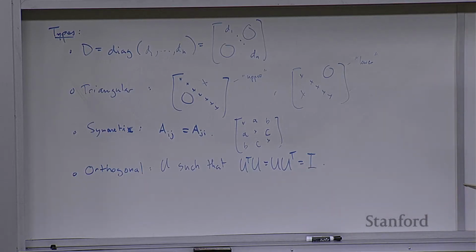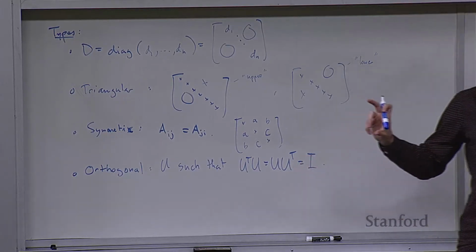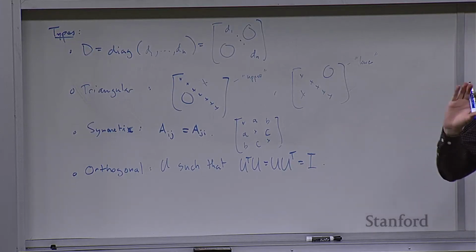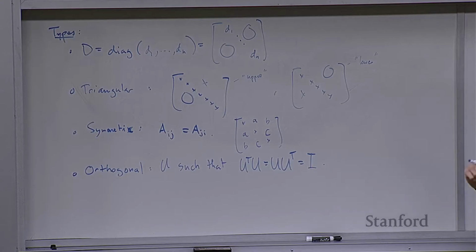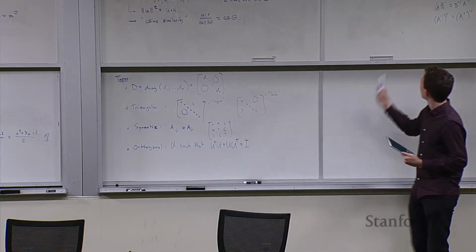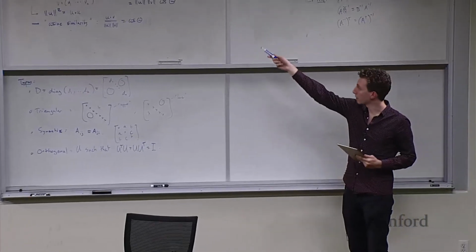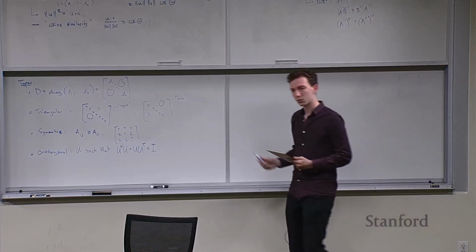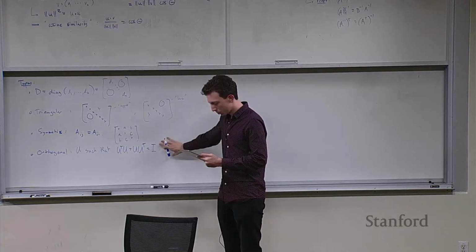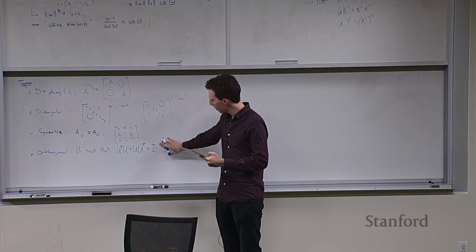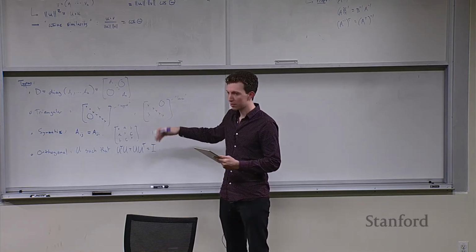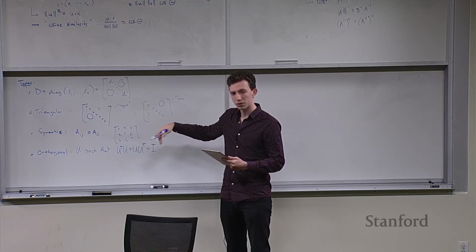We won't really show this, but what this means is that every column of U as a vector has a dot product of 0 with every other column of U. And what this means is that the vectors are at 90 degrees to each other, or they're orthogonal. The way you can see that is by thinking again about the cosine of the angle as telling you what the dot product is. Okay, so these are orthogonal matrices. Every column is orthogonal to every other column except for itself. And similarly, every row is orthogonal to every other row except for itself.